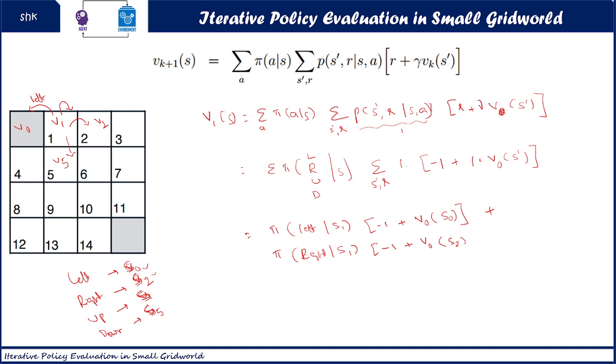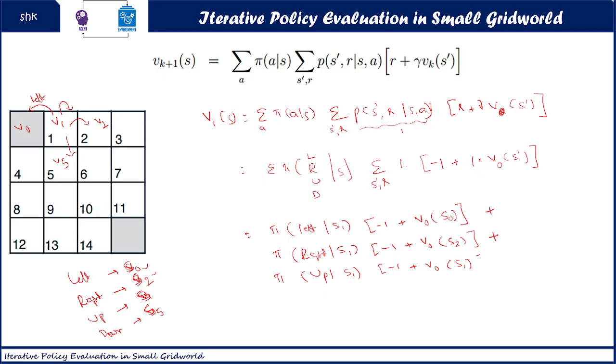So we substitute the V0 of S2 value, plus pi of the next action we can have, towards the upside from the S1 state, with a reward of minus 1 plus the previous state value, that is V0, for which state. Whenever we go in the upward direction, as we do not have any state on the upward side, we fall into the same state.